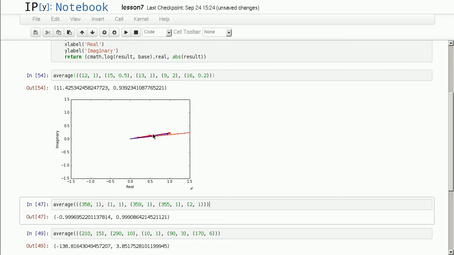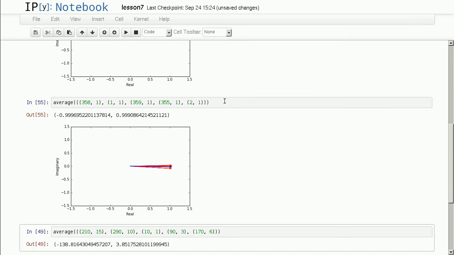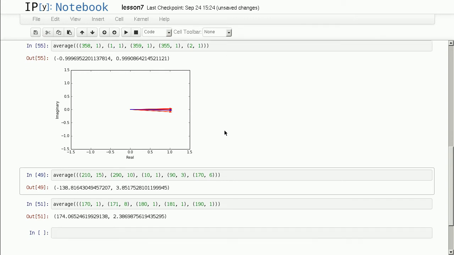And now you can see we get different little vectors here, but their average ends up in roughly the same place. Now let's try this next set of inputs. In this case, again, we have a bunch of readings that are clustered around 0 degrees, or clustered around one place, and we get an average, this blue vector, that points in that direction.